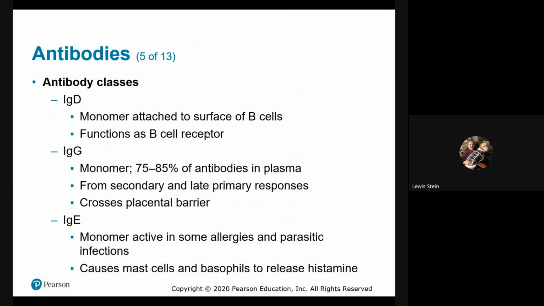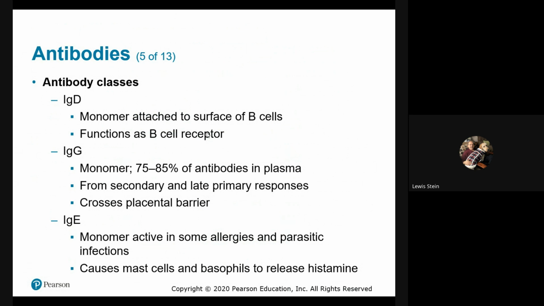IgE is interesting. It's really the one that attaches to basophils and mast cells and plays a pivotal role in allergies and particularly anaphylactic shock in a more dangerous sense. And that parasitic aspect, we talk about parasitic infection. Parasite is a specific term here referring to eukaryotic pathogens, worms, certain kinds of fungi.